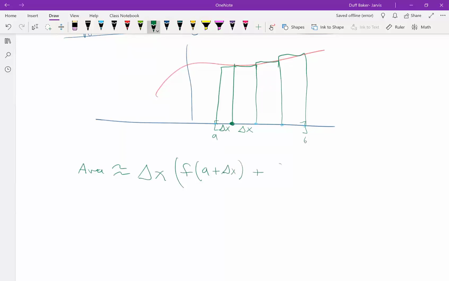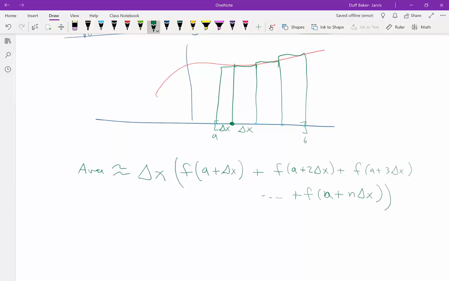And the second height would be a plus 2 delta x. And so you would keep increasing the number of delta x's you go to the right until you get to the end, which a fancy way of writing that would be n delta x's, because you split it into n pieces.